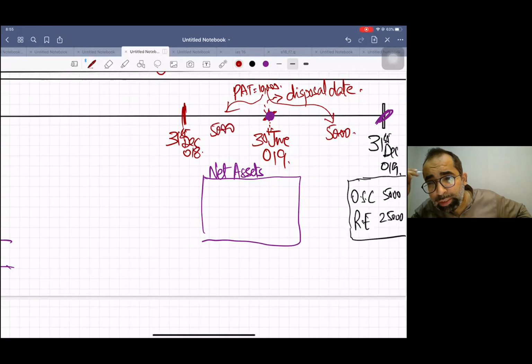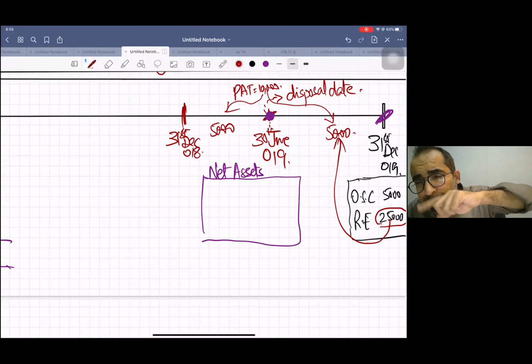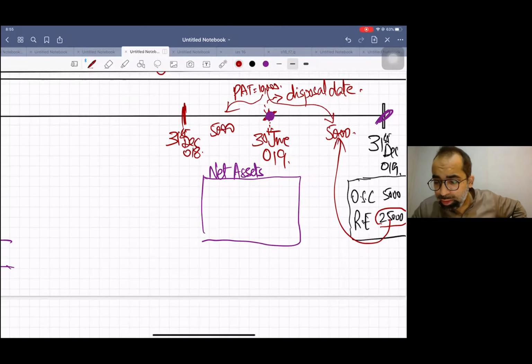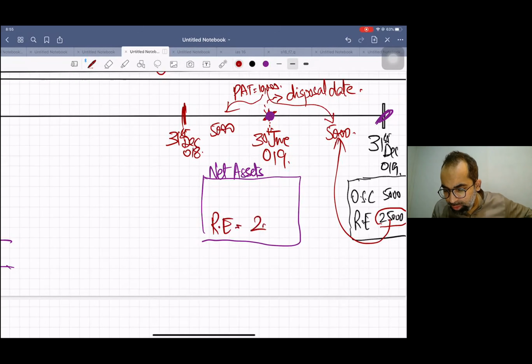Now use your brain. You are at the end of F7 now. This closing retained earning includes this 5,000 profit, already added in closing retained earning, and now you have to go reverse. So 25 minus 5, this date retained earning will be 20,000, and share capital is the same, copy paste.